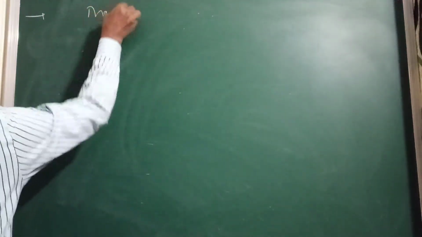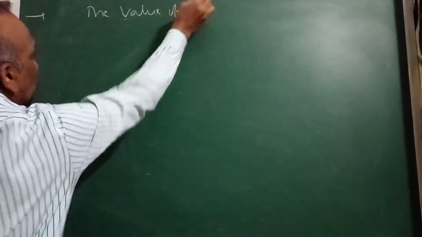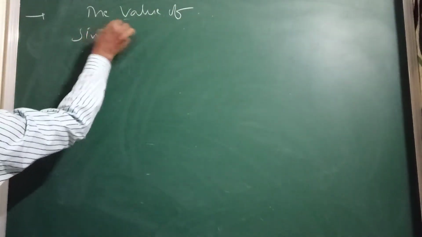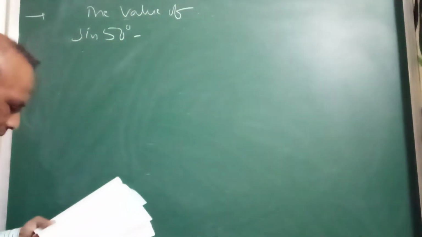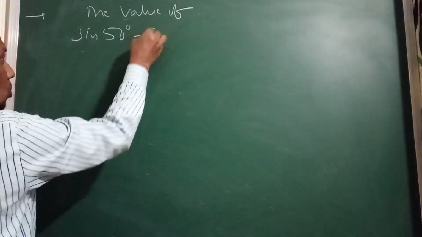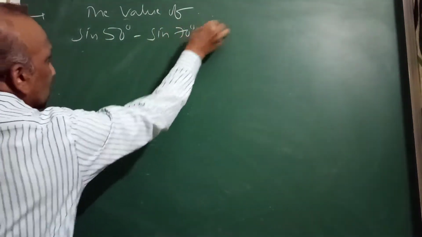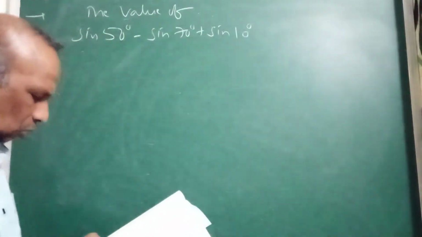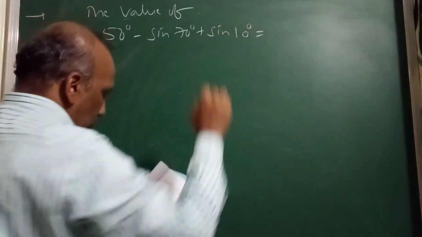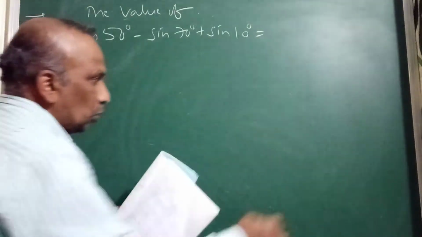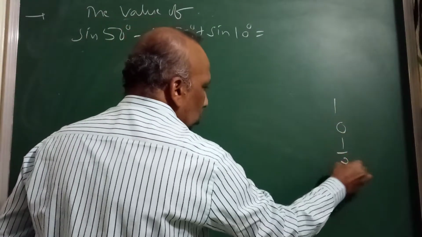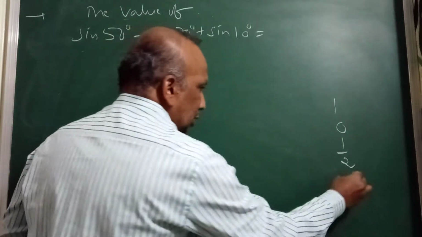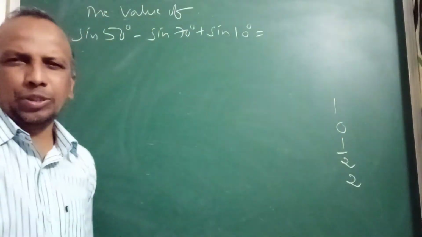Again they are asking here the value of sin 50 degrees minus sin 70 degrees plus sin 10 degrees. They are asking to simplify. This is equal to, the given options are 1, 0, 1 by 2 and 2.